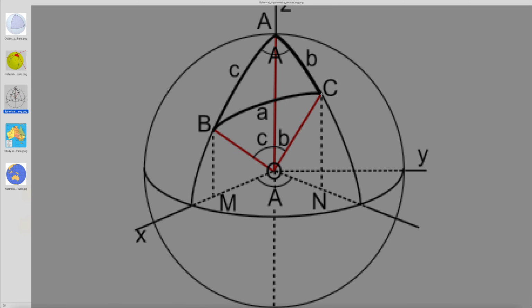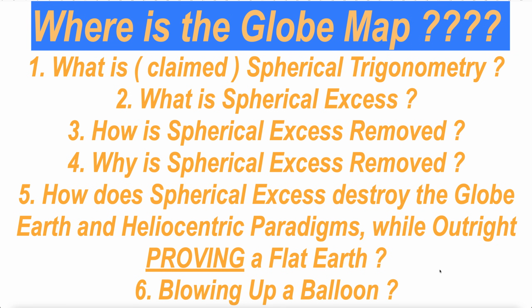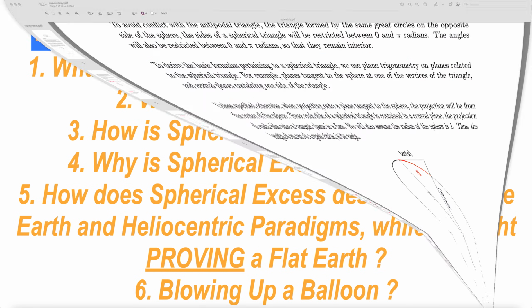Great circles are created intersecting those points and intersecting each other. And that creates what they claim to be a spherical triangle. But it's not a triangle, as I said. It's incorrect, improperly labeled.